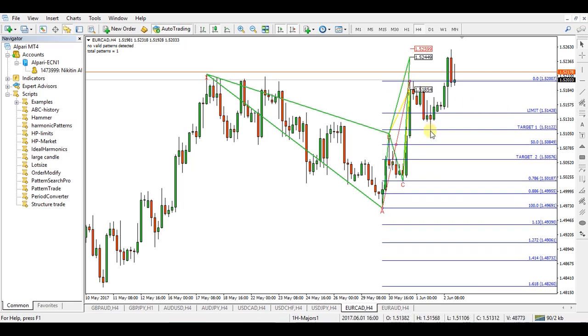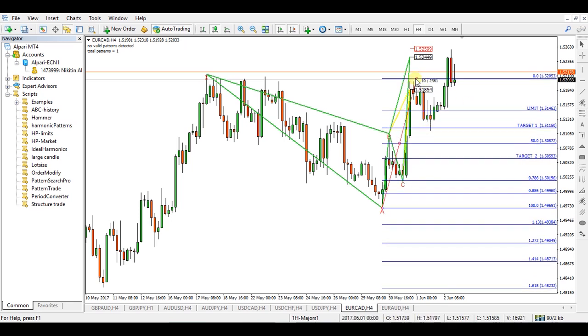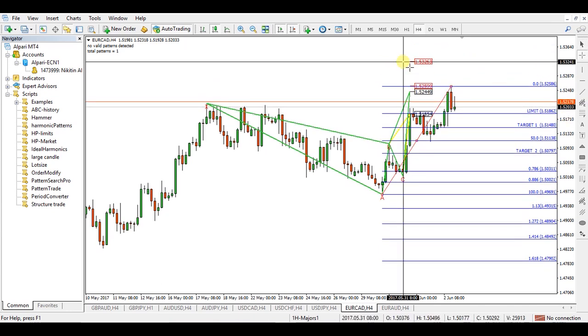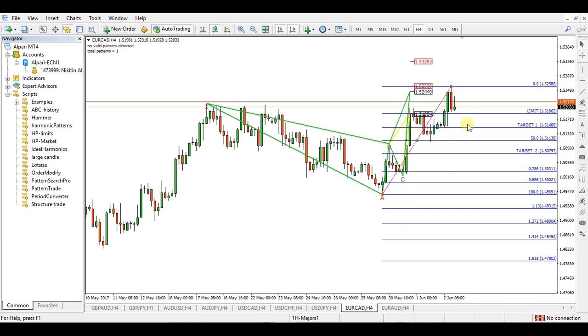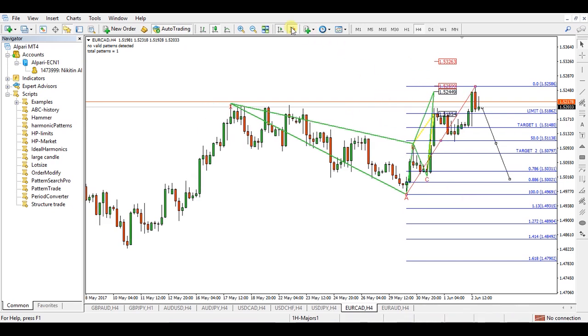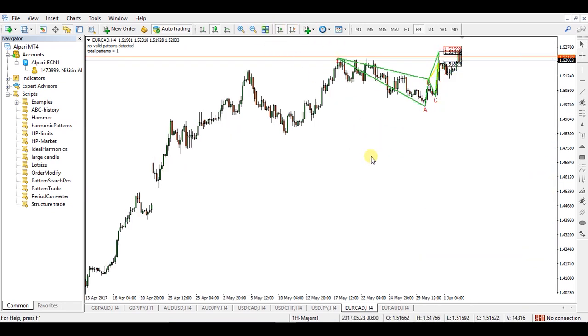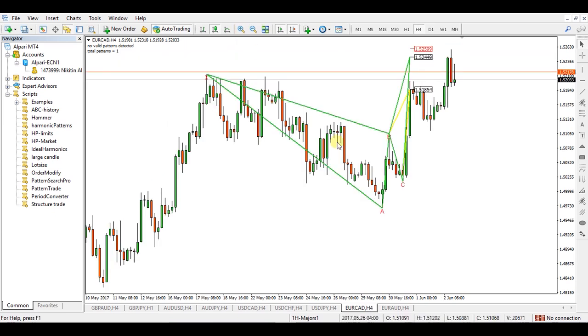This is a bad pattern, and after that we had an alternative bad pattern that is running right now. The stop for alternative bad is this, and the target is this. We still have another chance to continue to the downside. Alternative bad pattern on my radar, already triggered.